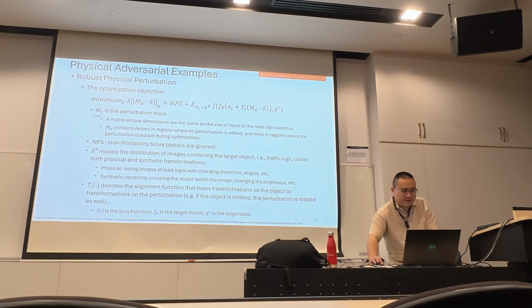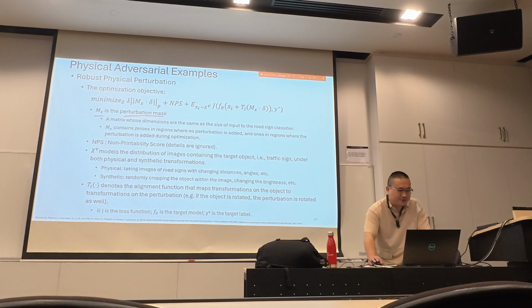So here for the M_x, this is the perturbation mask. So what is a perturbation mask? This mask actually defines the places that we can modify on the road sign. For example, given a picture of a road sign, the road sign only occupies a portion of the picture.